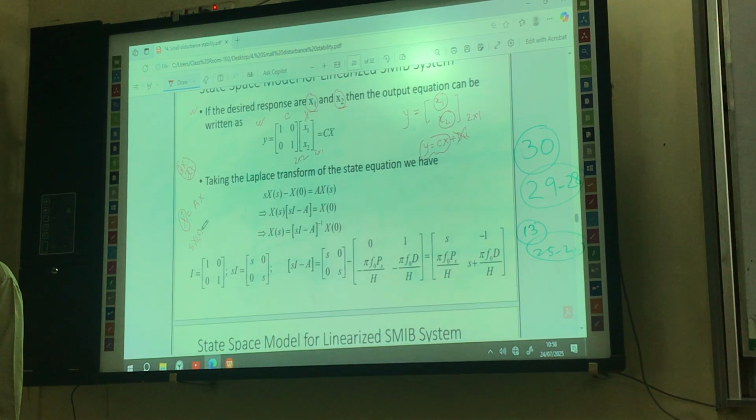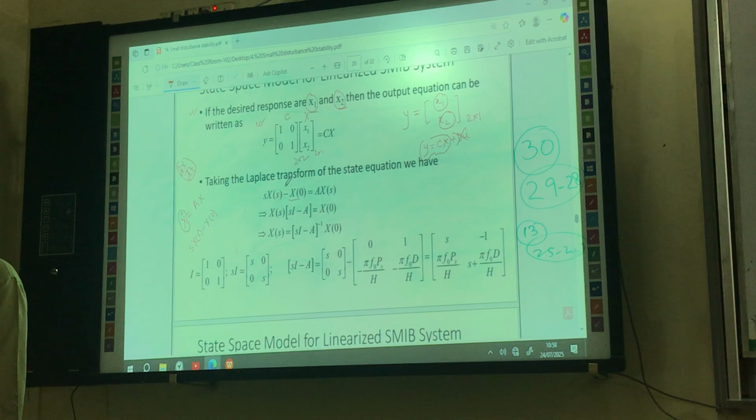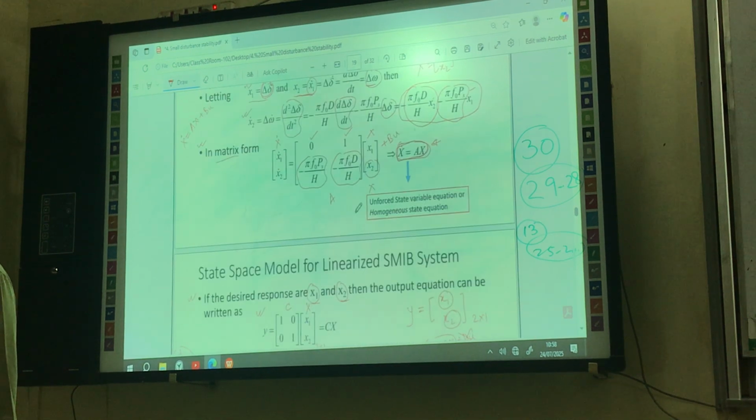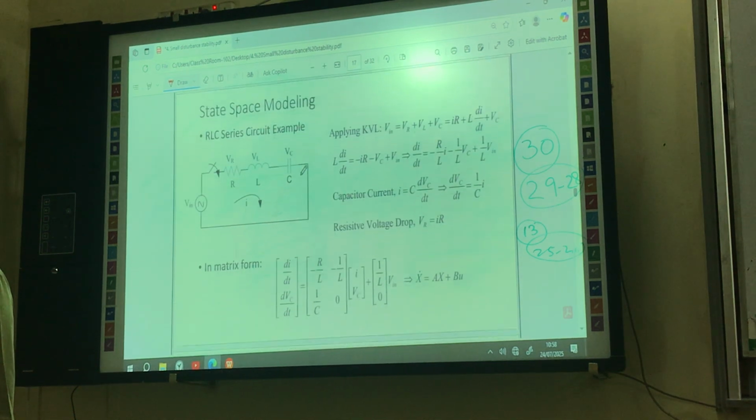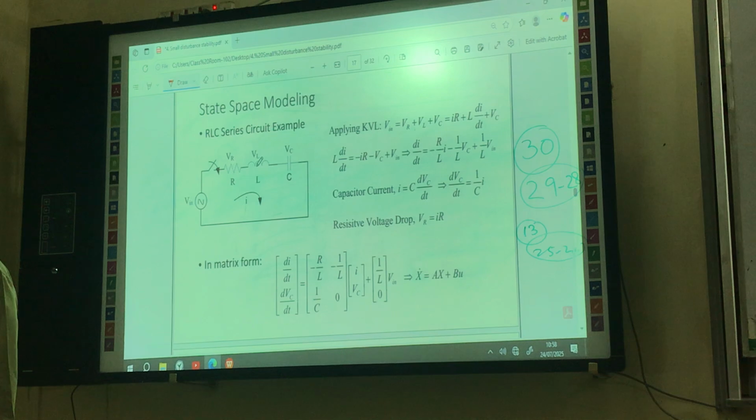Then there should be one additional term, that is x of 0. Why? Because this is the initial condition. In this system we do not have any input, so how will the system operate? There should be some initial conditions. I gave the example of a circuit. Let's say we do not have the source VA in our system.